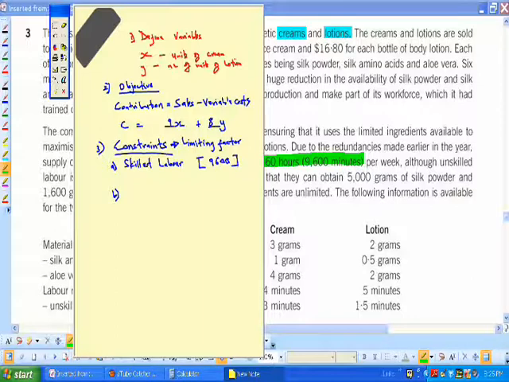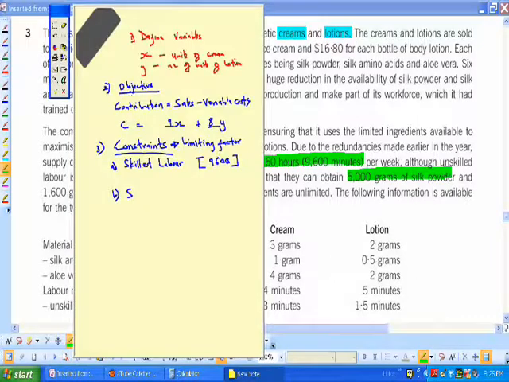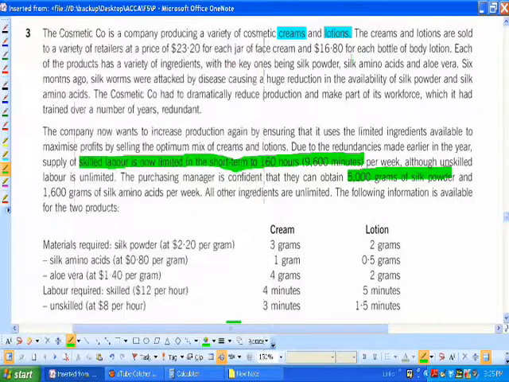Our next constraint: the purchasing manager is confident that they can obtain 5,000 grams of silk powder. So silk powder is in limited supply, so it is something which is preventing us from achieving our objectives, and is limited to 5,000 grams. They've mentioned that unskilled labor is unlimited.